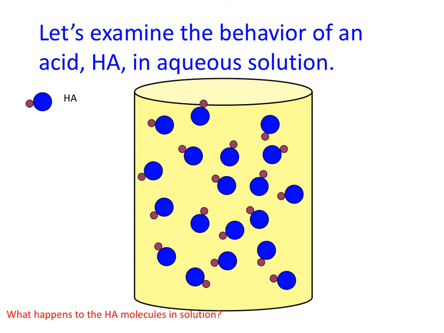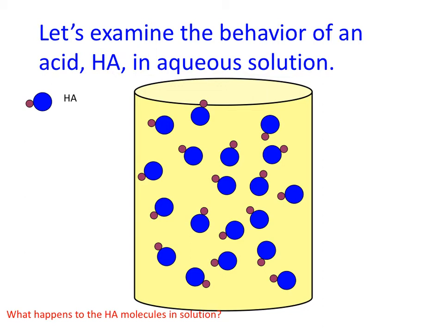So just as we've talked about other solutions like salt solutions, if you were to shrink down very small and look at a solution of acid, you would see water molecules, and then you would also see, at least initially, these HA molecules. H stands for hydrogen, A stands for acid. So this is just any sort of generic acid.